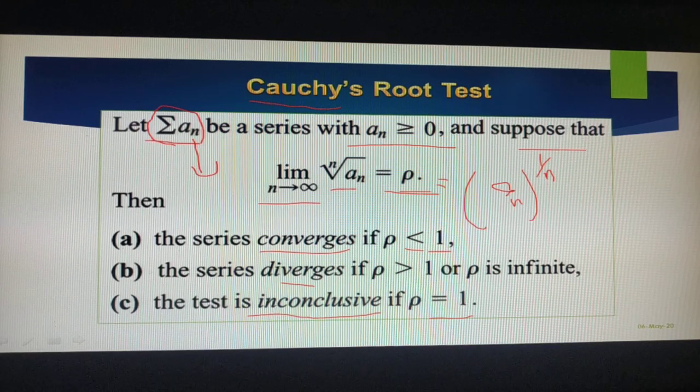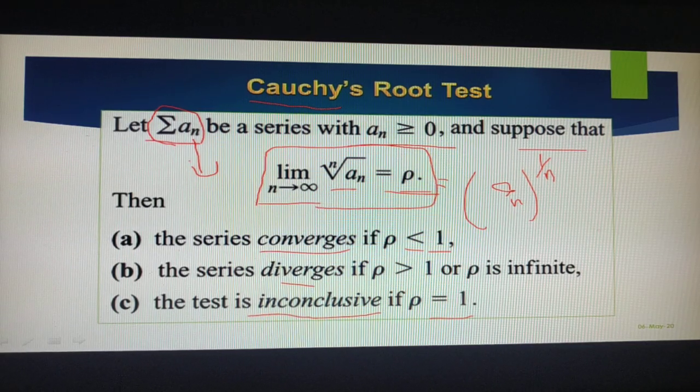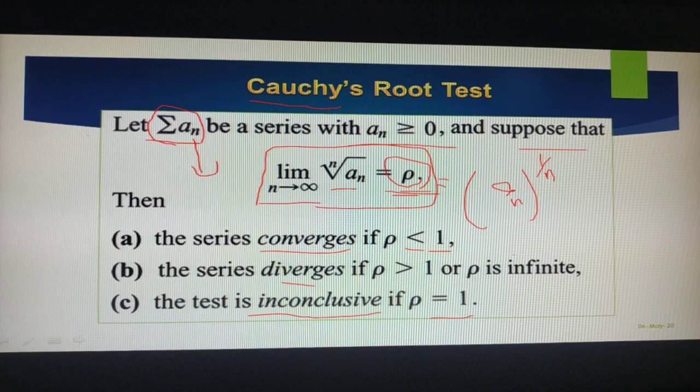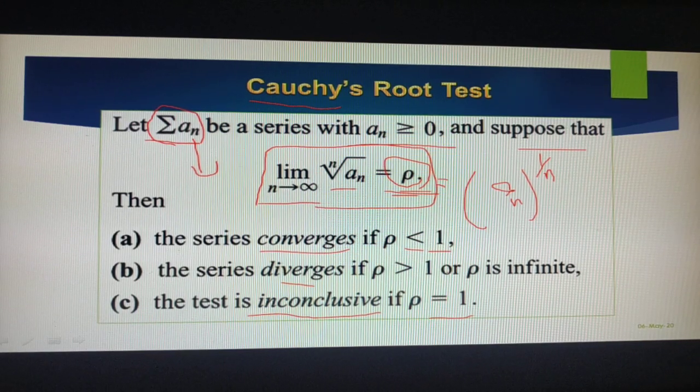So this is basically what we need to test. There is a series for us. From that I have to take the nth term. For the nth term I should take the whole to the power of 1 by n. Then I should apply the limit as n tends to infinity. If I get a certain limit, based on this limit I decide whether the series is converging or diverging. Here this rho is some limit.